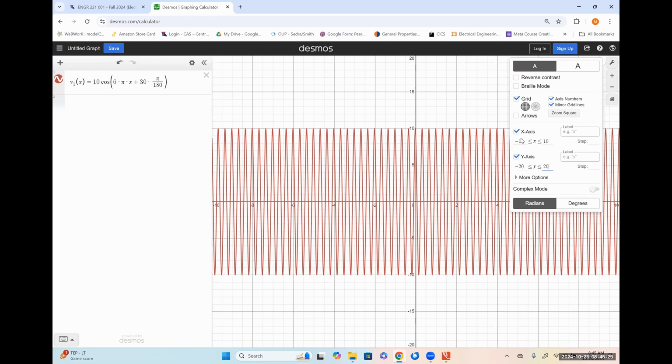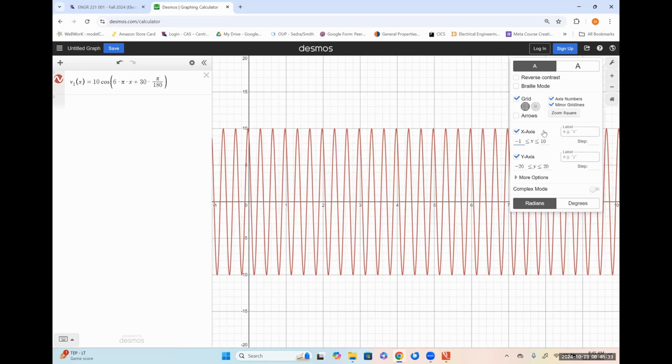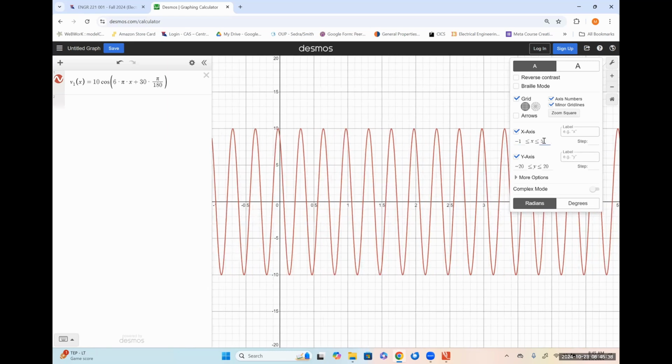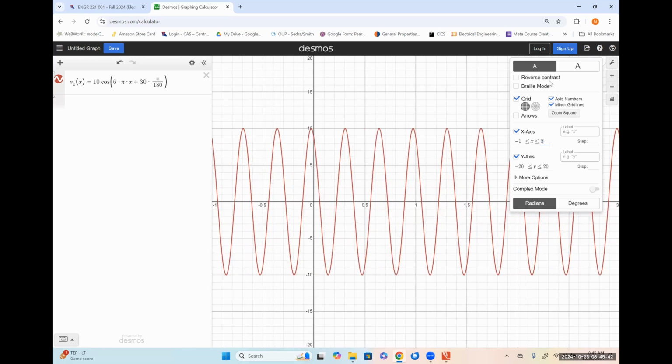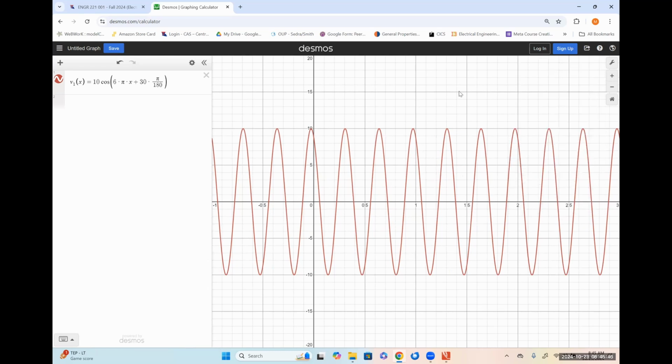And because I've got an angular frequency of 6 pi, I'm going to do this from negative 1-ish to positive, positive 5 is still too much. Let's do positive 3. So this looks a lot less horrifying. So there is VA. What color did I use for that? Was it red?